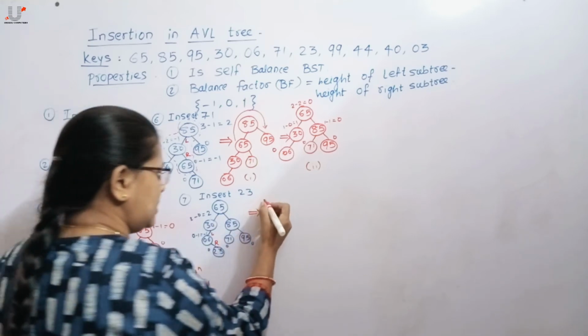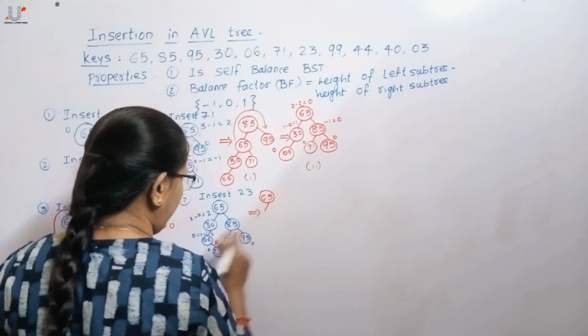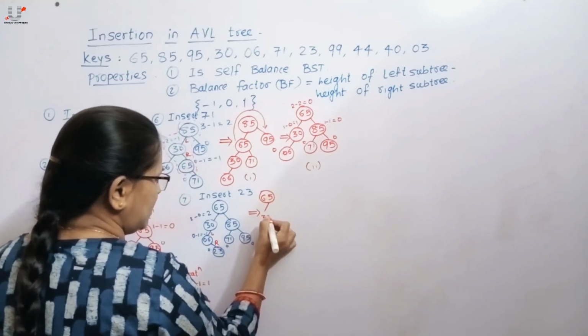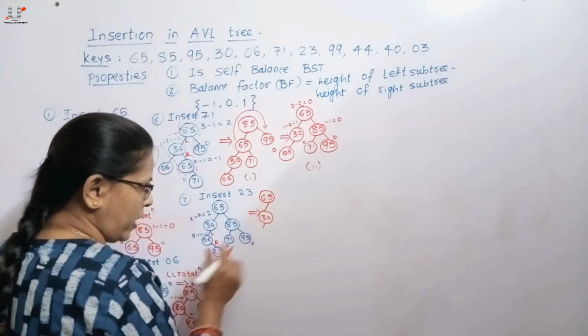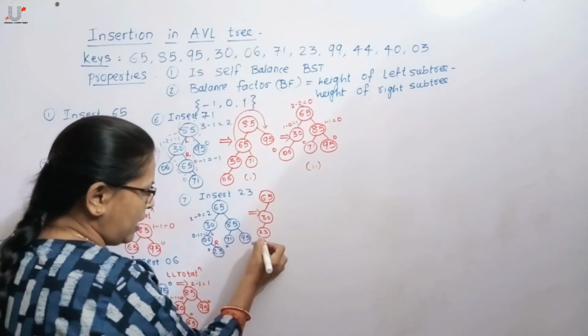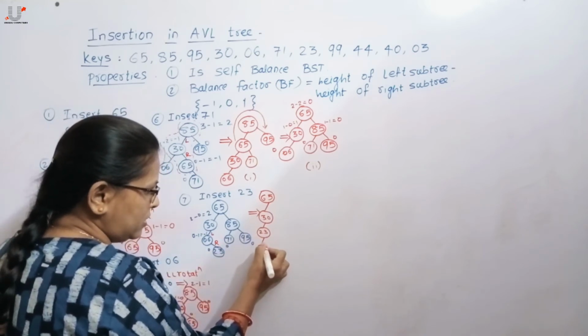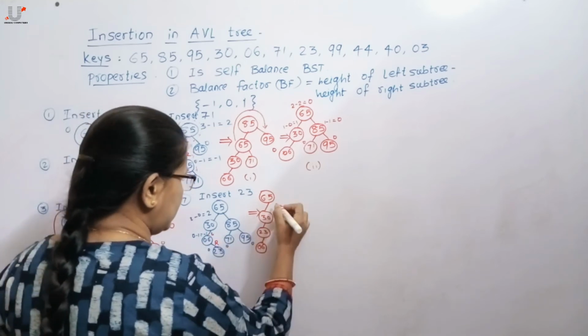That means the tree looks like 65, to the left it's 30, to the left of 30 is 23, and 6 pulls down, and as it is smaller than 23, it gets added as a left child of 23.